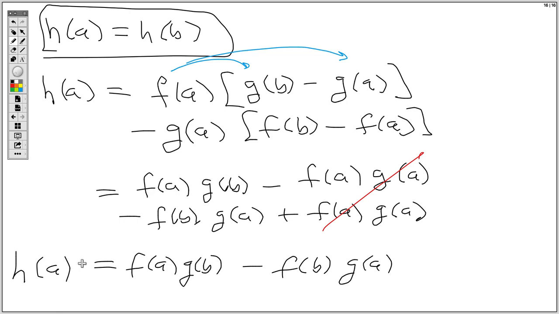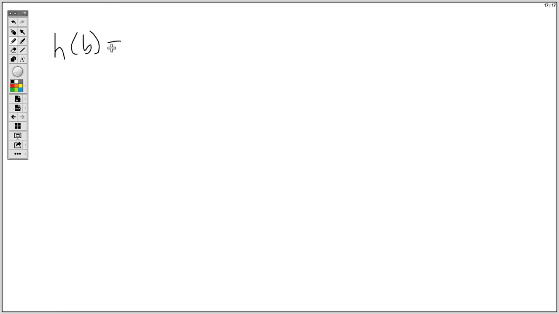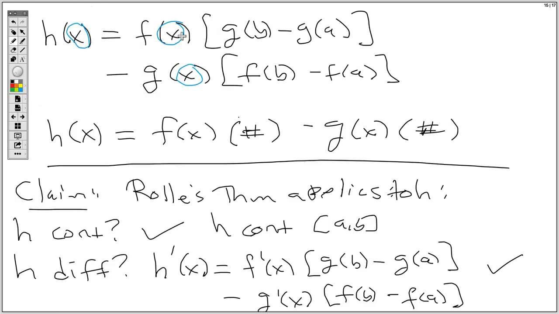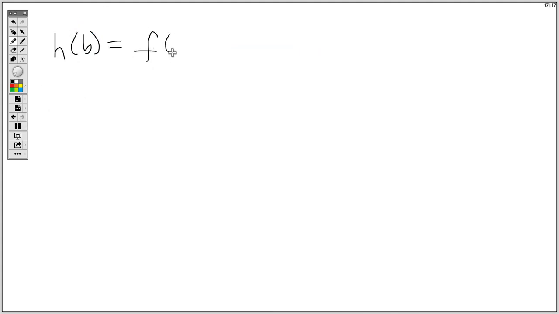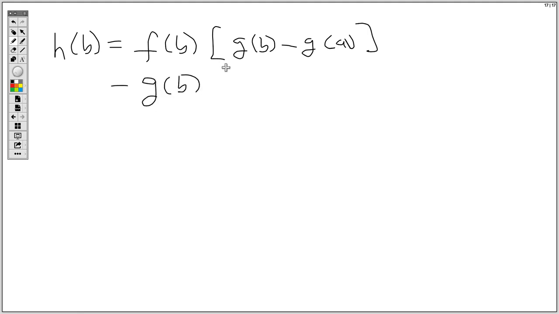So now I need to show h of b is going to work out to be the same thing. So let's look at h of b. Once again, x is only in two places, so I'm going to plug b into those places. And I've got f of b times g of b minus g of a, minus g of b times f of b minus f of a.